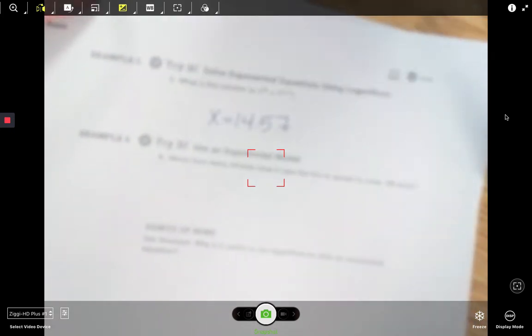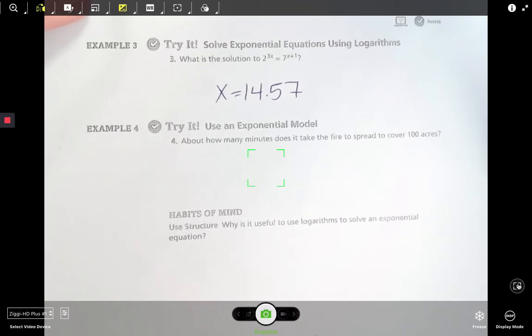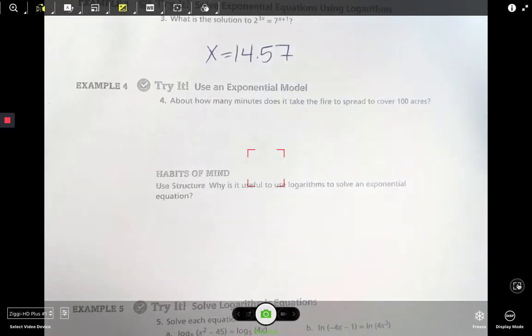Alright, so this is finishing up lesson 6.6 for us. Example 4 says, about how many minutes does it take for a fire to spread to cover 100 acres?